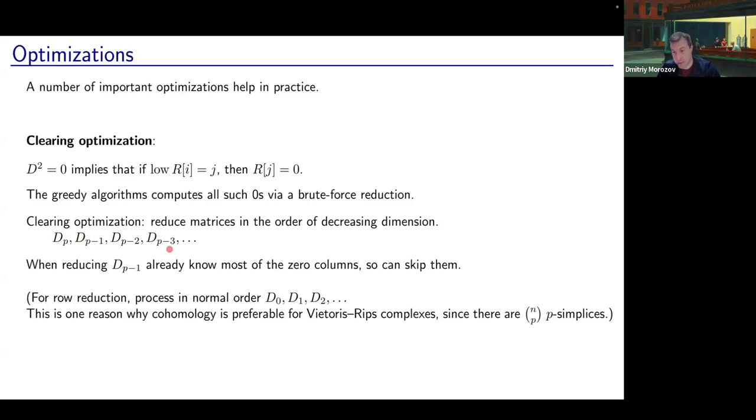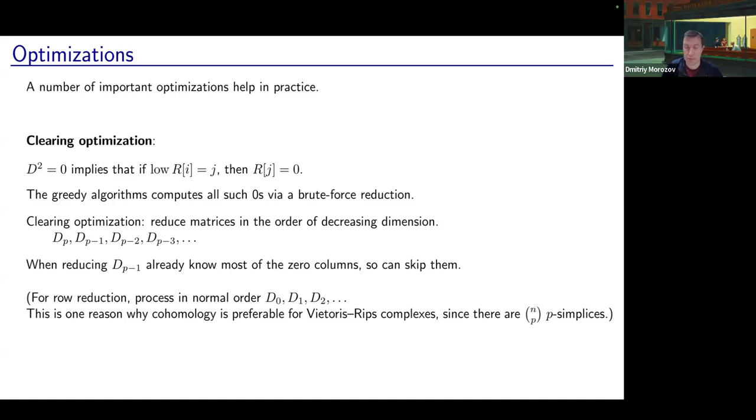So in many interesting problems like Vietoris-Rips complexes, you will have far more columns than rows, because you will usually build up the Vietoris-Rips complex up to some dimension, so only k-cliques or something. And so k-cliques, there will be n choose k of them, but the rows that are non-zero will be the n choose k minus 1 cliques, right? And so there are just going to be many more. And k is significantly lower than n over 2, of course, right?